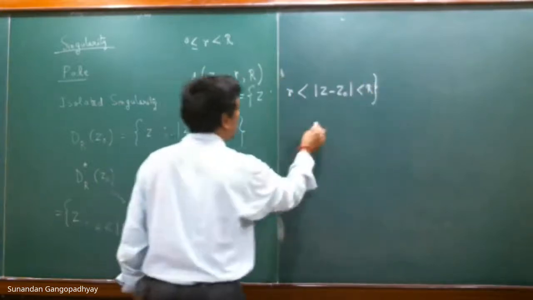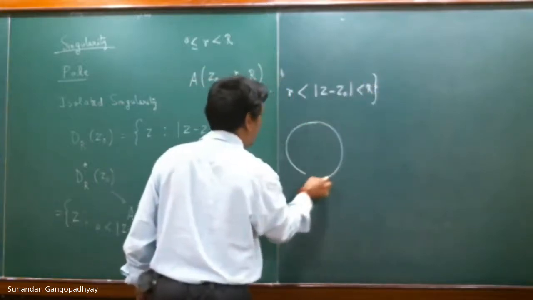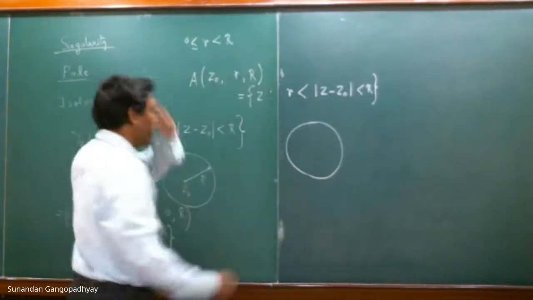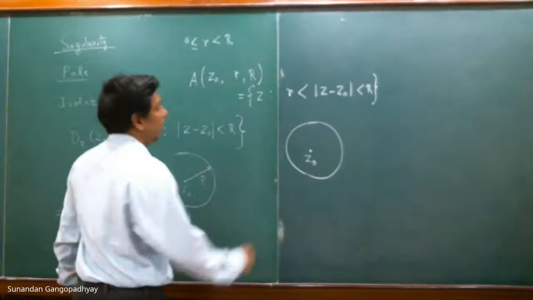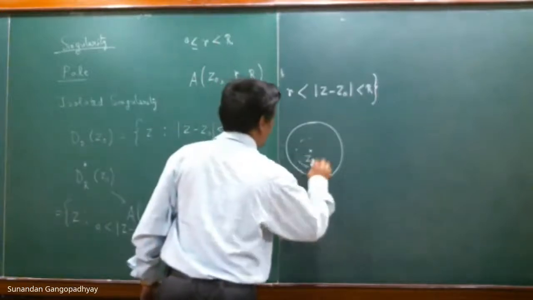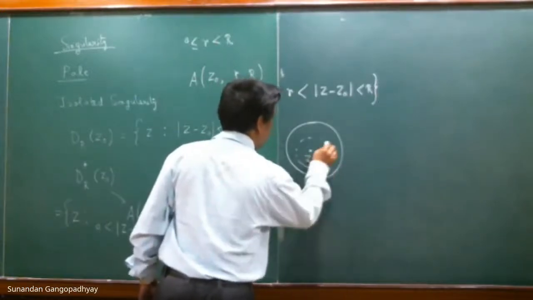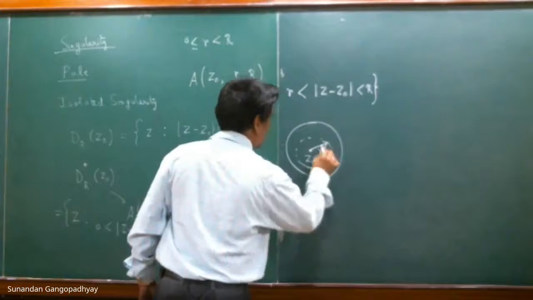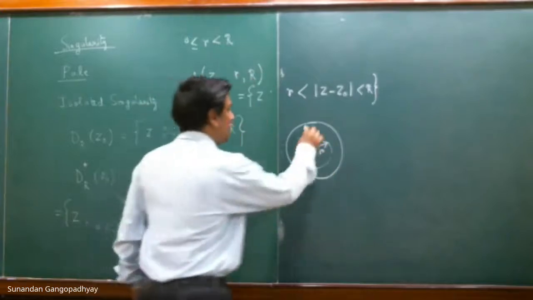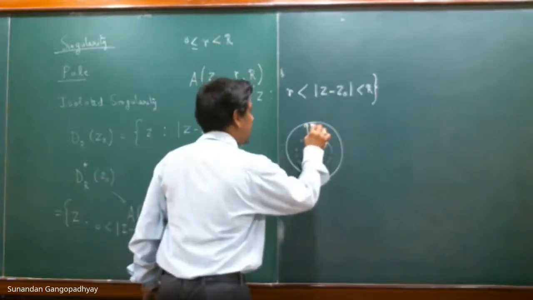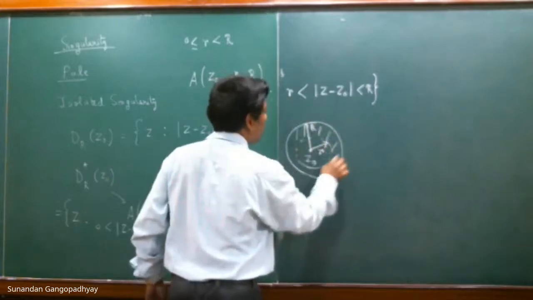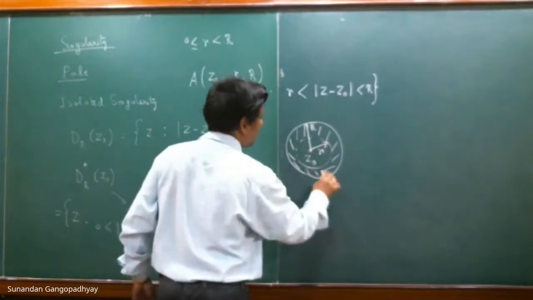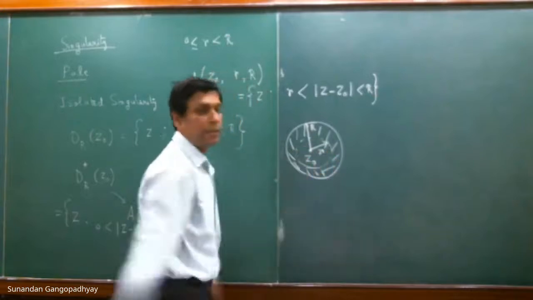So you have this circle centered around z0, this is radius small r, this radius is capital R, and the set of points belongs to this annulus, the shaded region.